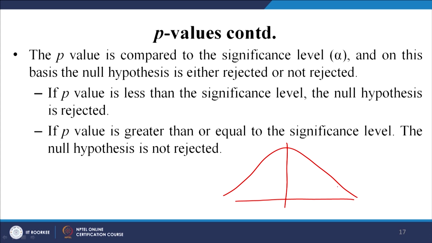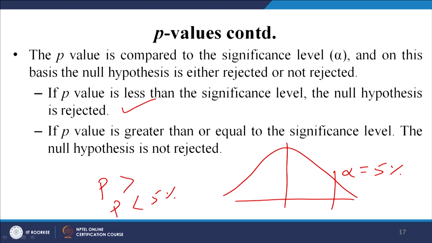So, let us say this is the alpha, and your alpha is equal to 5%. There are two conditions: p is less than alpha, or p is greater than alpha. If the p value is less than the significance level of, let us say, 5%, the null hypothesis is rejected.